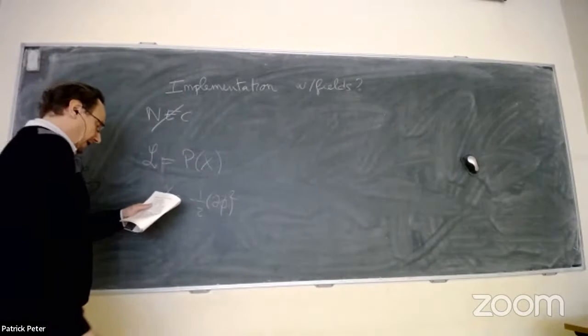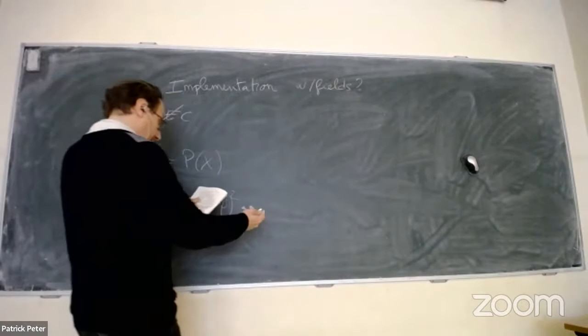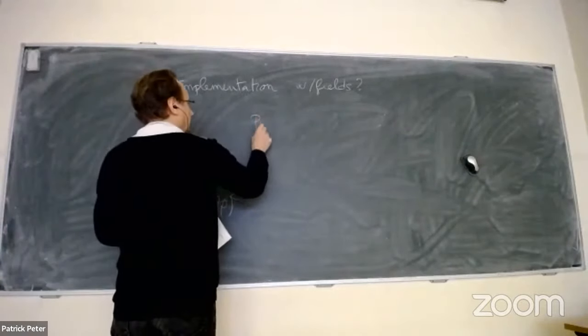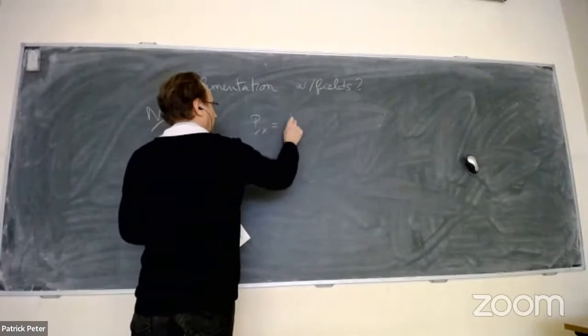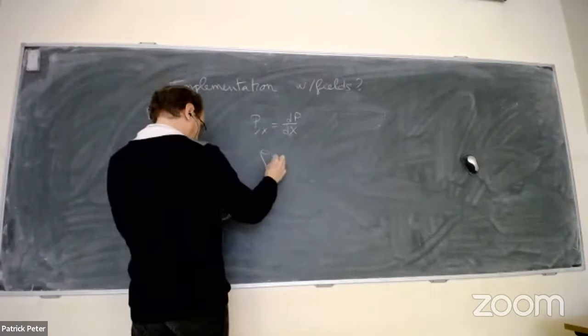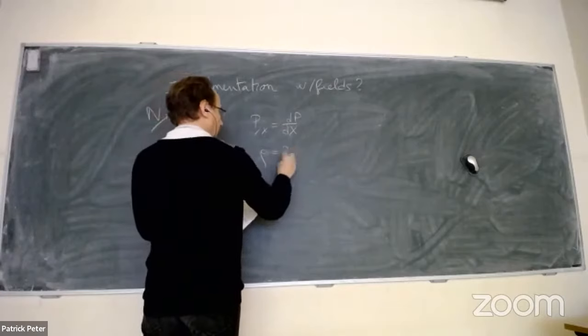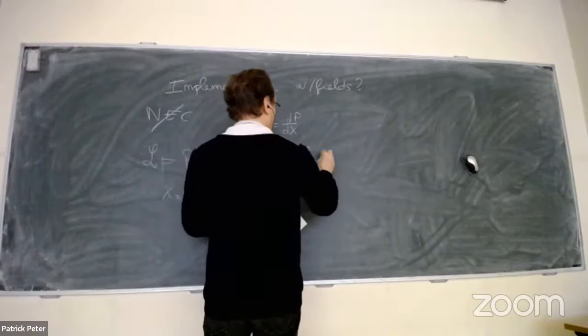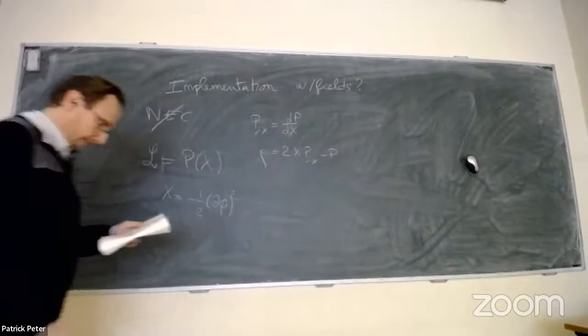So when I have that, and defining P comma X equal dP/dX, you find that the density corresponding to this thing is equal to 2X P comma X minus capital P.